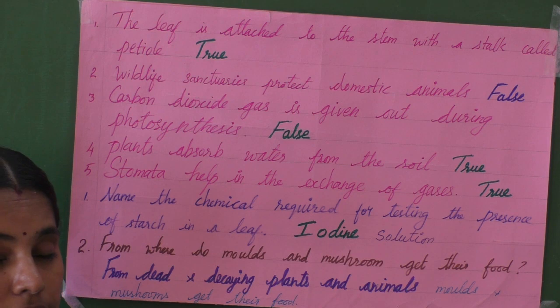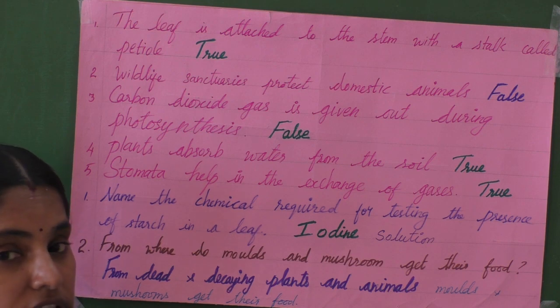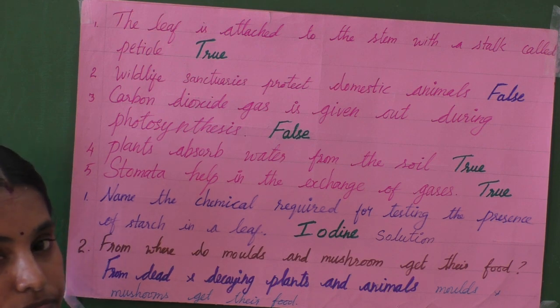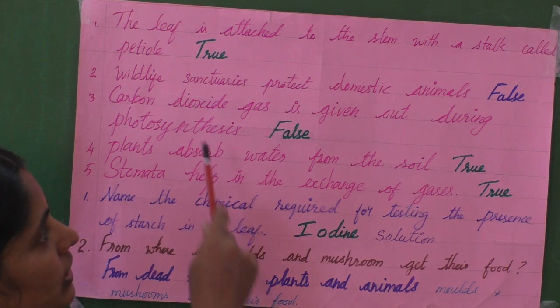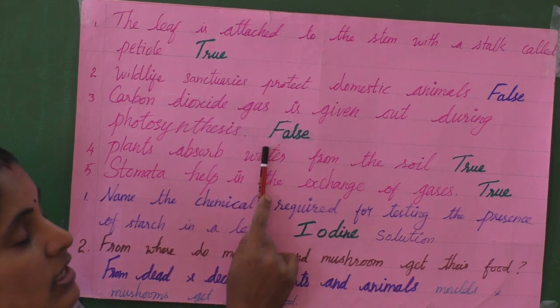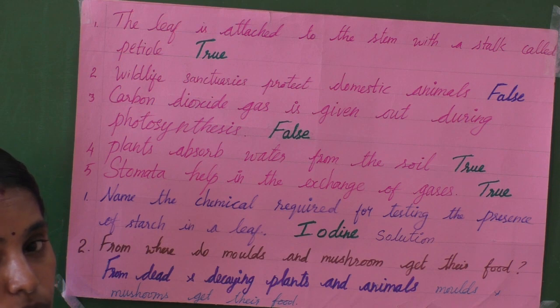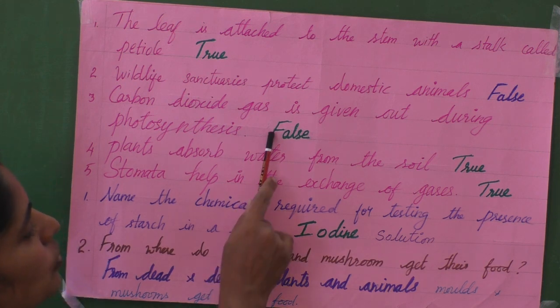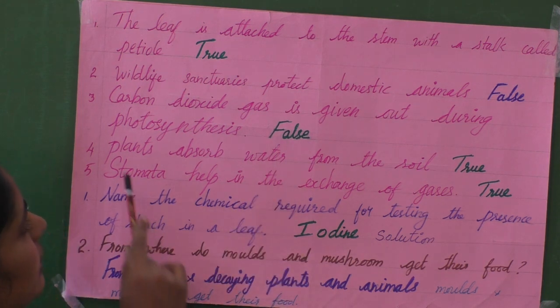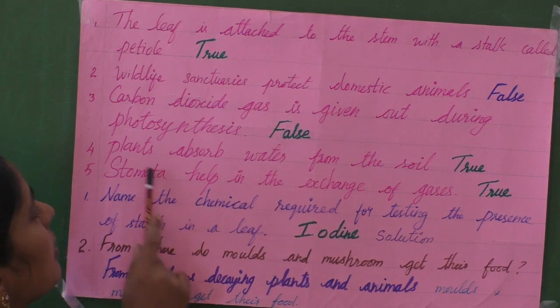Oxygen is given out by the plants during photosynthesis. Here they have given carbon dioxide, so it is false. So the third one is false.